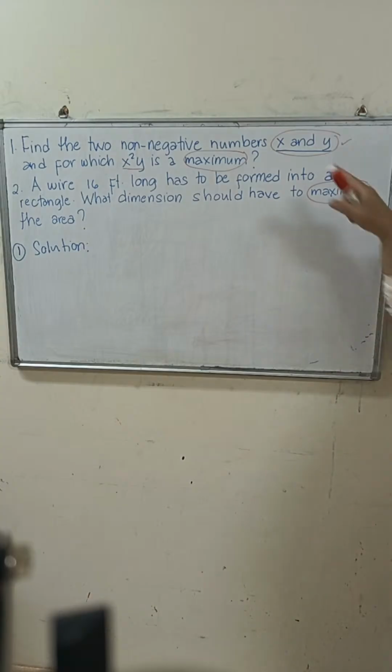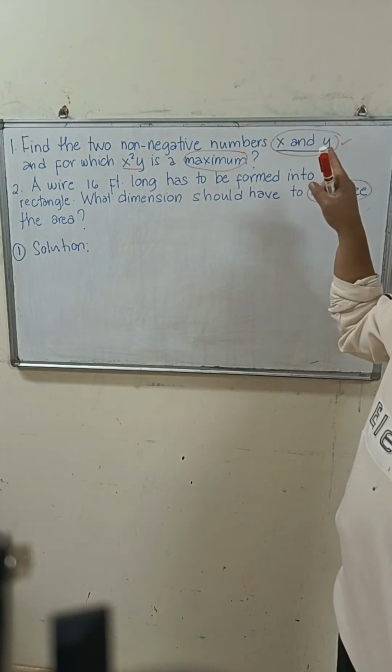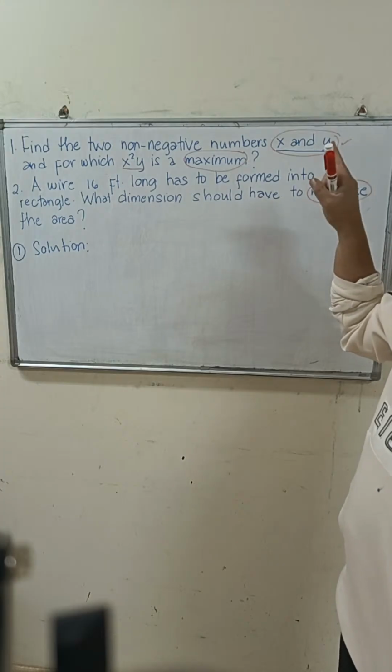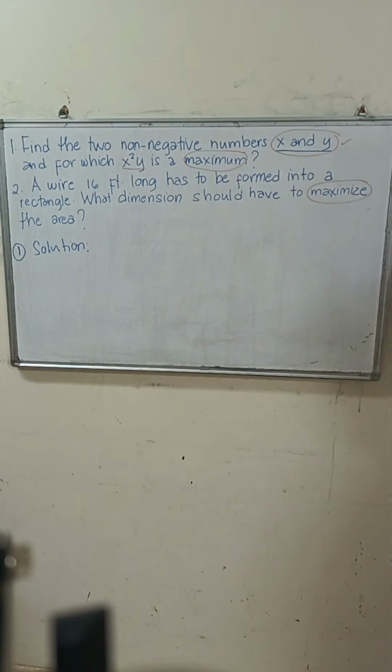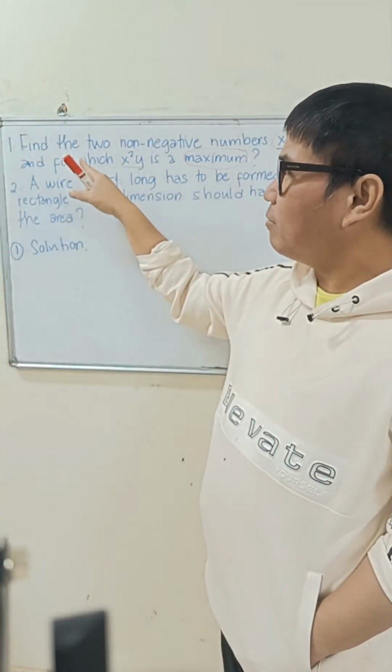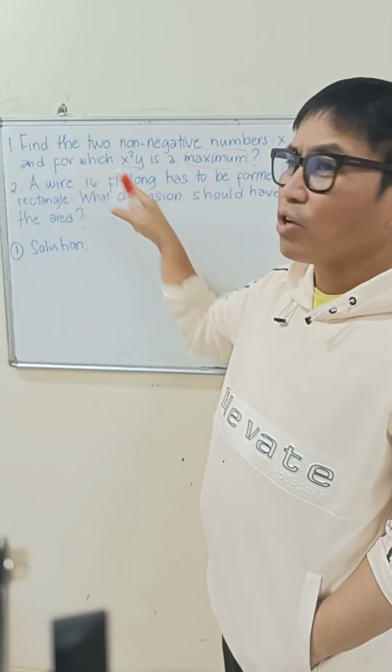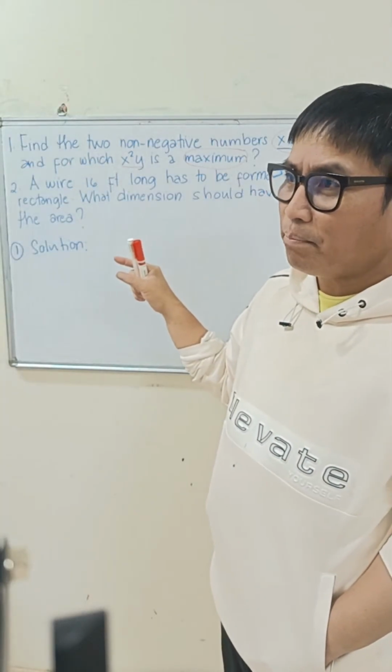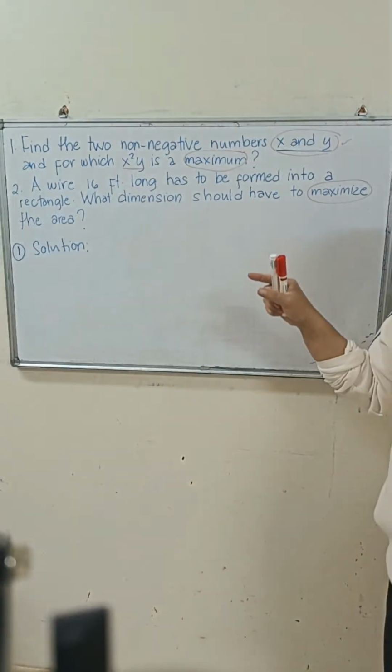Actually, if I am the one who made this problem, I would like to say, find the sum of two non-negative numbers x and y, and for which x squared y is a maximum. If I were the one to write or offer this problem, it could become clear. But here it's not clear. Why is it not clear, Sir Sotero? Because this is to measure our total comprehension. This is an exam. So most of the time, it's not evident.